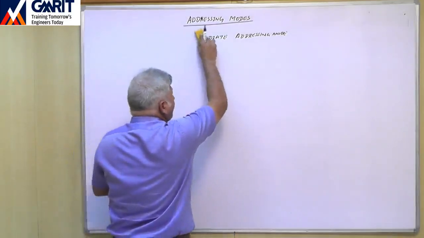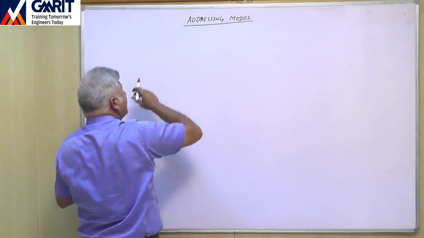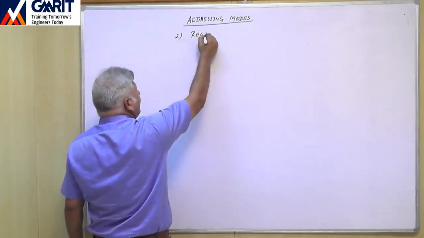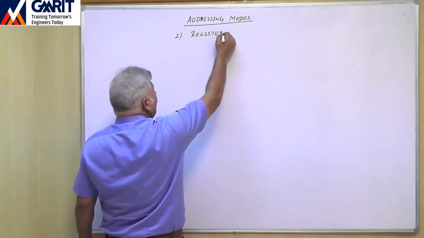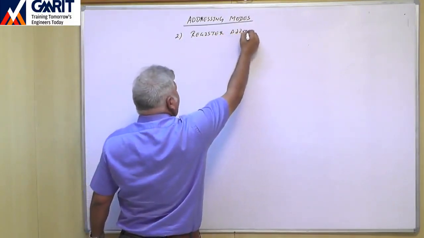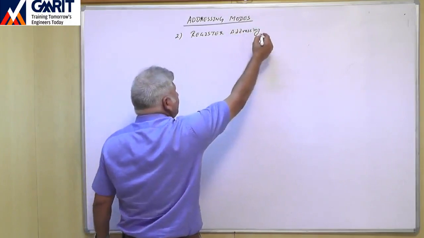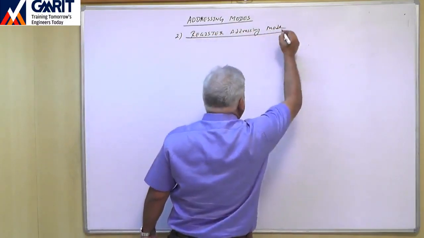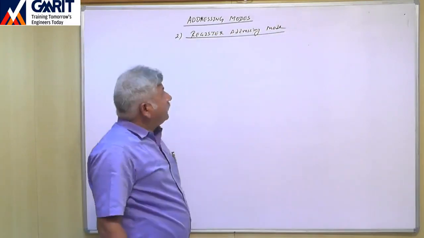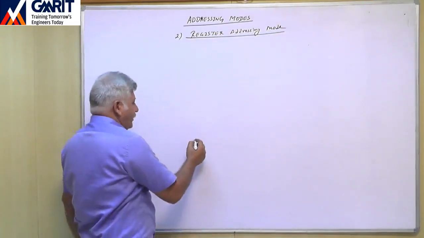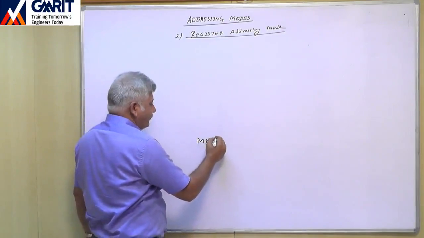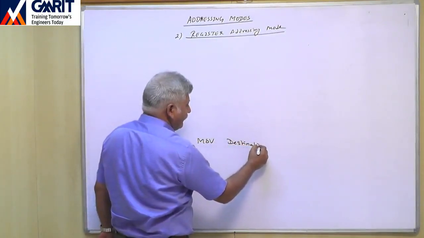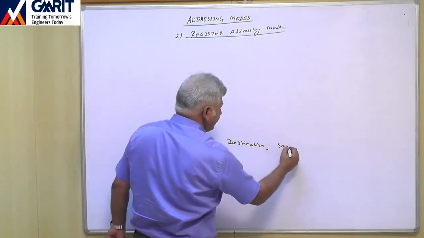Now, second addressing mode is register addressing mode. So again we will use same example of move instruction. So move instruction, we know there is destination and there is source.